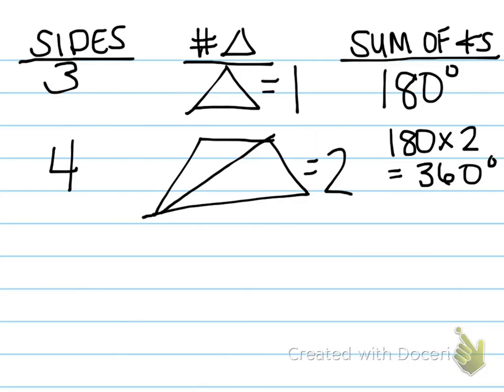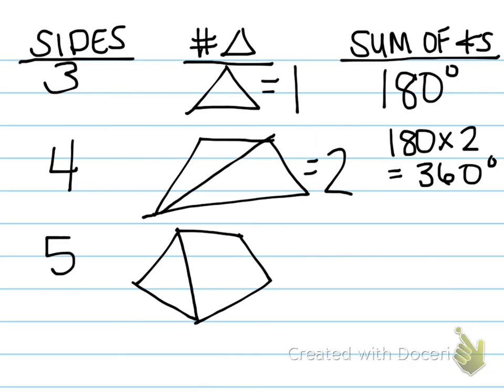Okay, so let's think about 5, a pentagon. How many triangles are there in a pentagon? Again, split it however you want. We have 3 triangles. So again, we could do 180 times 3.